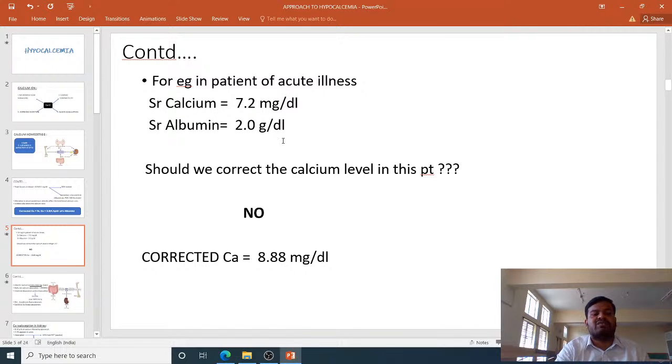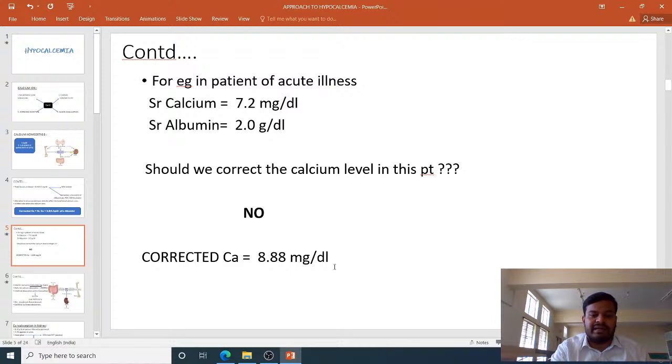The normal is around 4 to 4.5 albumin. So if the serum albumin is low, there will be a false interpretation in the serum calcium. You should be calculating the corrected calcium, which is 8.88, which is normal according to our corrected formula.